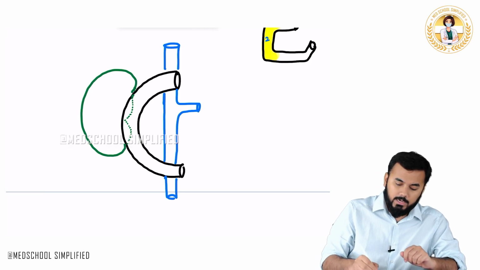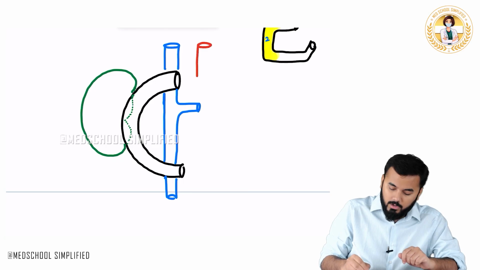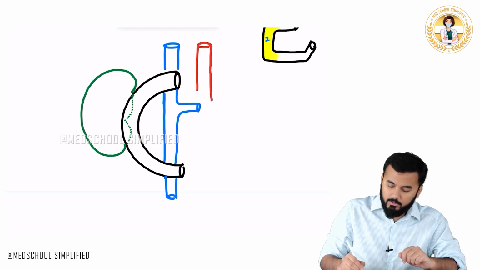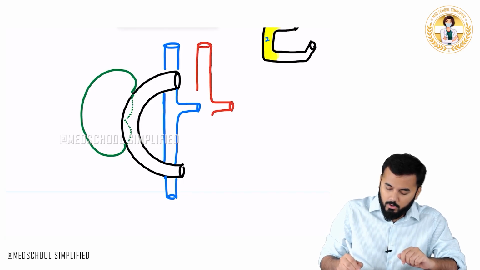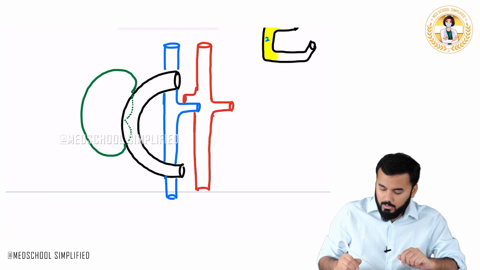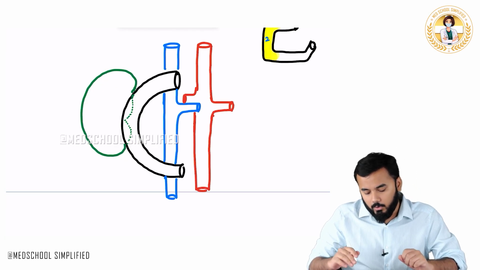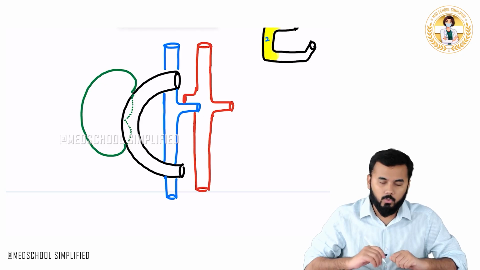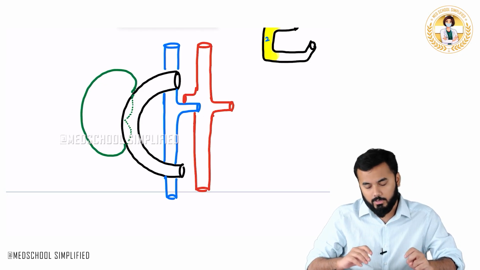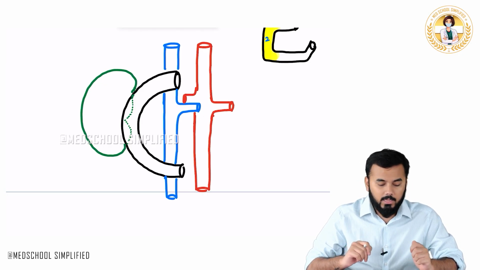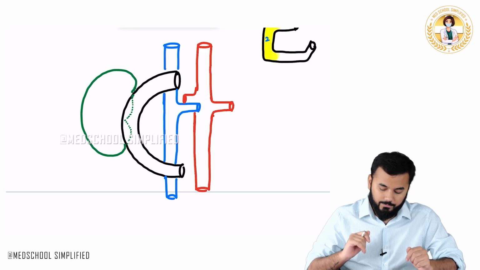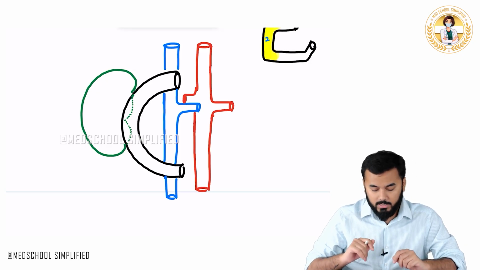Beside the inferior vena cava you have got your aorta, like this all the way. And is the aorta located on the posterior side of the duodenum? No, only the inferior vena cava is located on the posterior side of the duodenum.